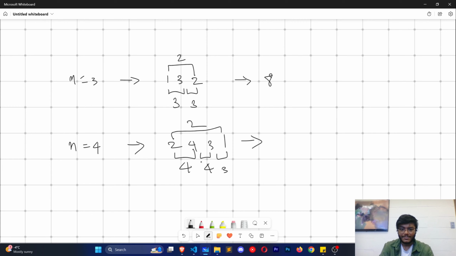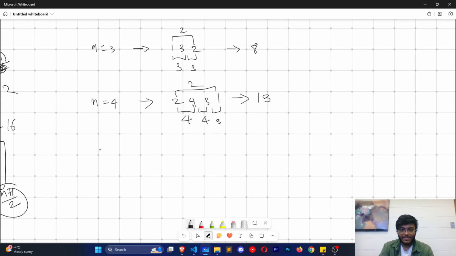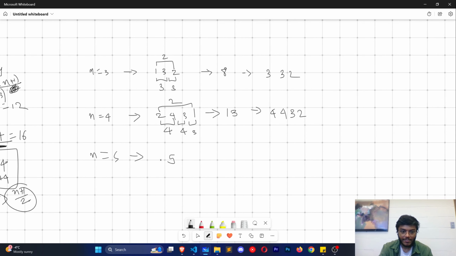So this is basically 13, and then for n equal to 5, if we see over here, this would be 5 5 4 2, and this would be 3. So this would be 5 5 4 3 2.